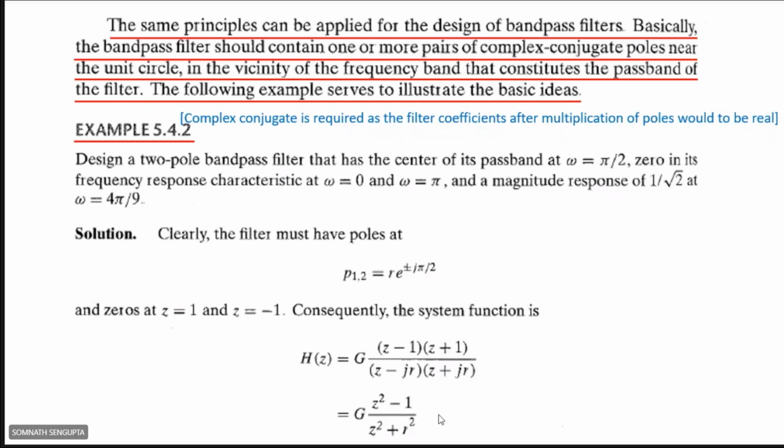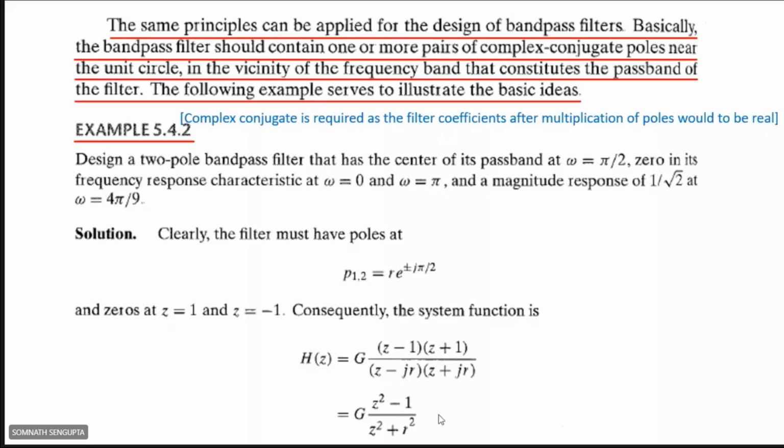उस लो पास फिल्टर को हम लोग अगर थोड़ा मॉडिफाई करेंगे उसका ट्रांसफर फंक्शन बाय एडिंग पोल्स ऑफ कॉम्प्लेक्स कॉन्जुगेट, देन वी कैन डिजाइन that filter, band pass filter.